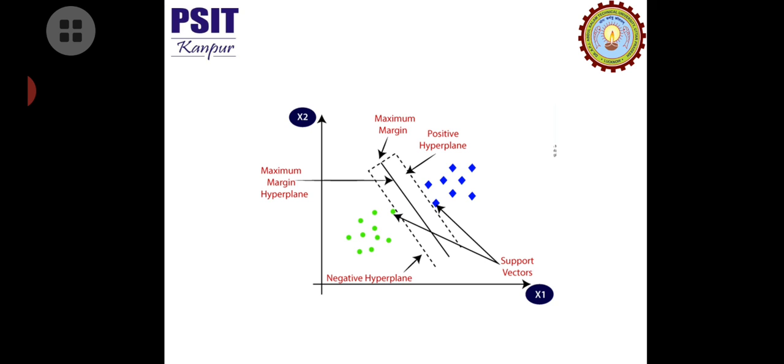The right side dotted line is the positive hyperplane, and the left side is the negative hyperplane.